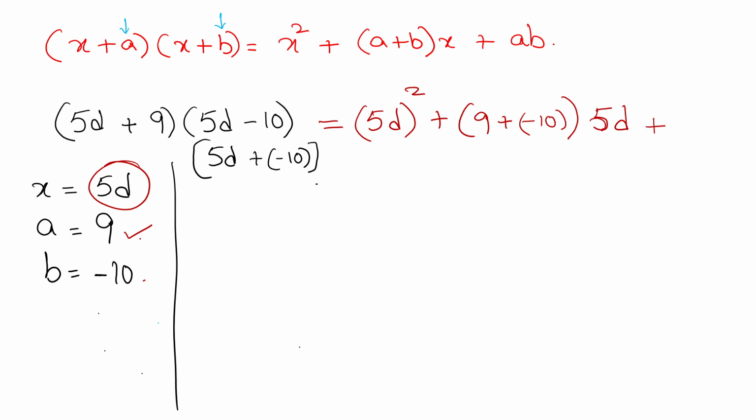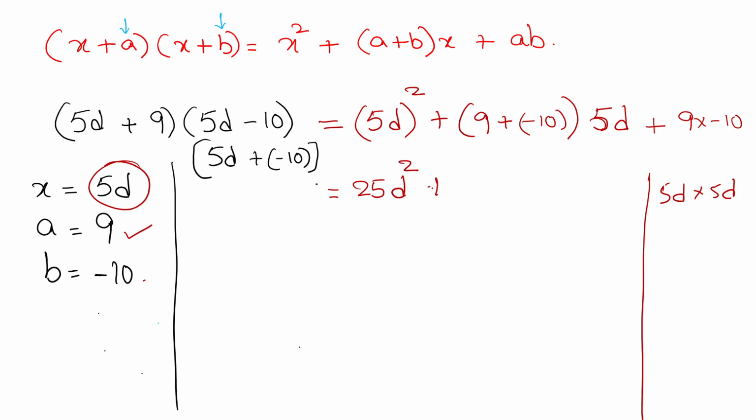Plus what is ab? 9 times minus 10. See, it is very easy. If you do it 2 times, you will understand. It is only understanding what is x, what is a, and what is b. And once you get the terms, substitution, don't forget it. Now 5d square. If I do it in rough, 5d times 5d. So 5 5s are 25 d square.